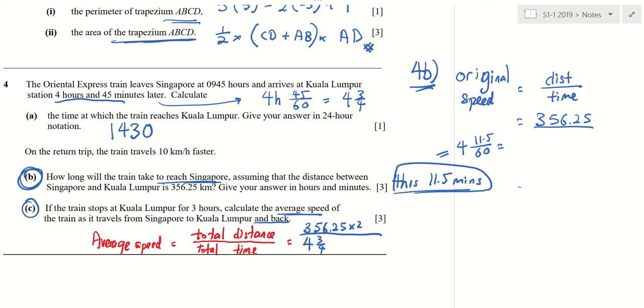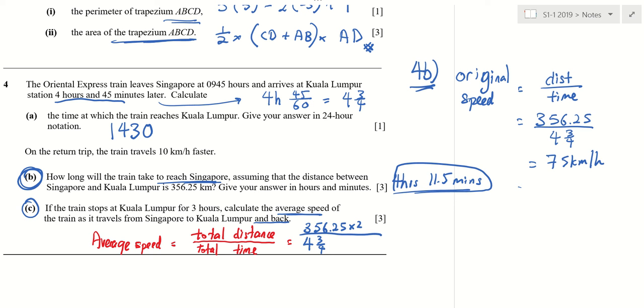Start, just start. 4 and 3 over 4. So can you calculate what is the original speed? Take out your calculator now, everyone, not just me. Do you get 75 km per hour?